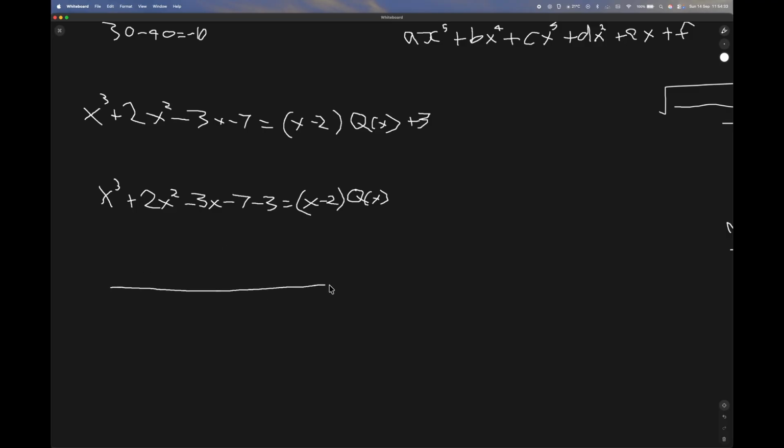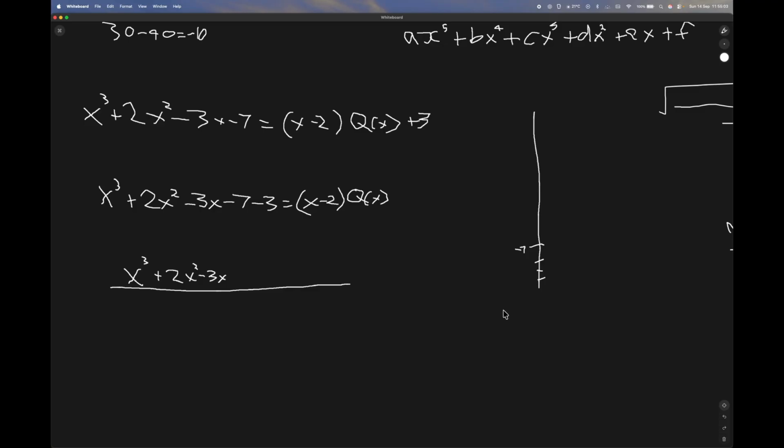So now we know that, I'll put a big fraction bar, x to the 3 plus 2x squared minus 3x. Now minus 7 minus 3. So you think if it's minus 7 degrees, and it drops 3, so 1, 2, 3, minus 10.